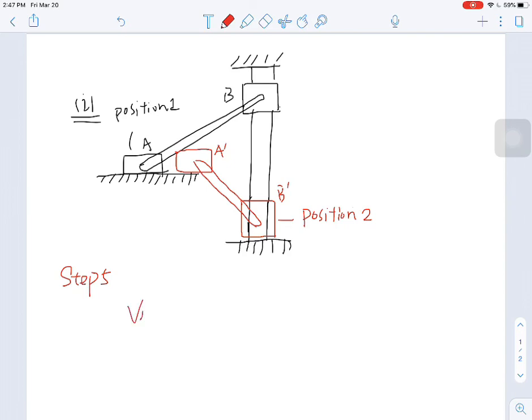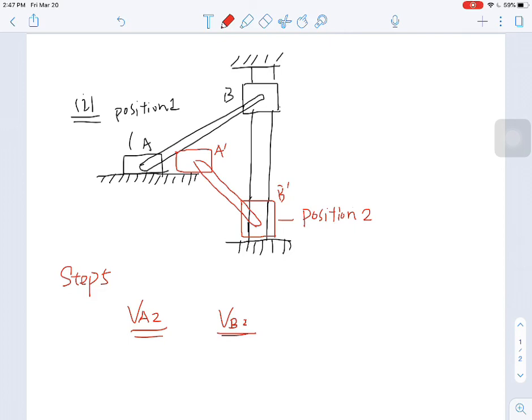One unknown is VA, and another unknown is VB. That's VA2, VB2, the speed of both blocks at position 2, which is drawn in red.